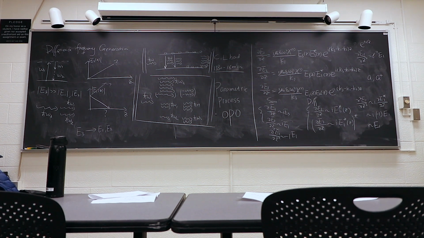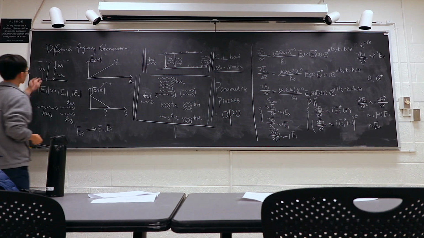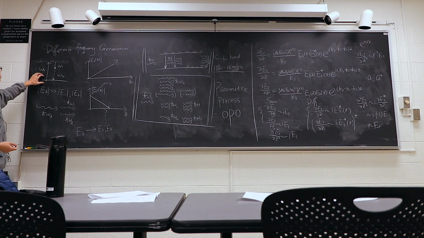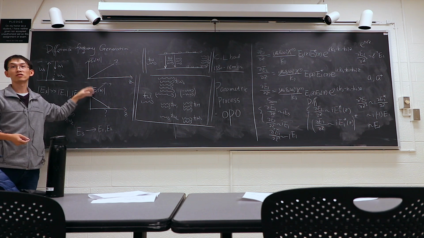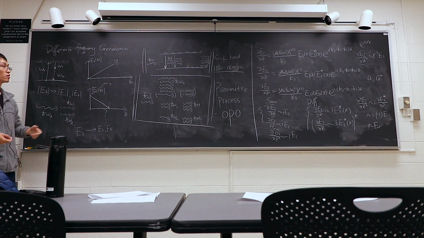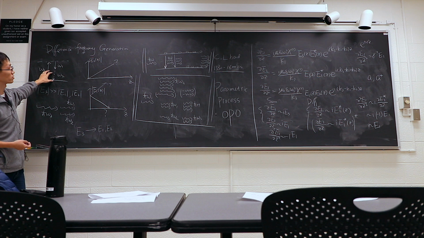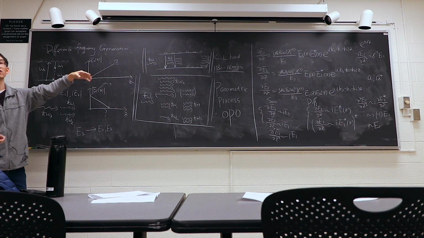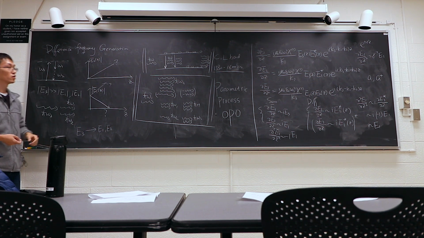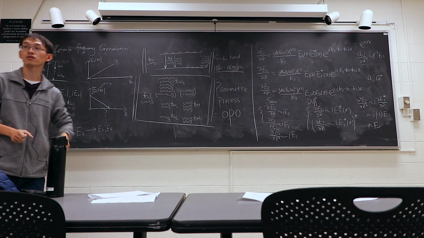I hope you can understand this, and then in your own research, when you see a process, you're able to predict some behavior and save some time. Like if you want to build an amplifier, if you want to know whether the process can be made into an amplifier, you really don't need to calculate everything. You can check all this and then get the result. Okay, that's all for today. Thank you.